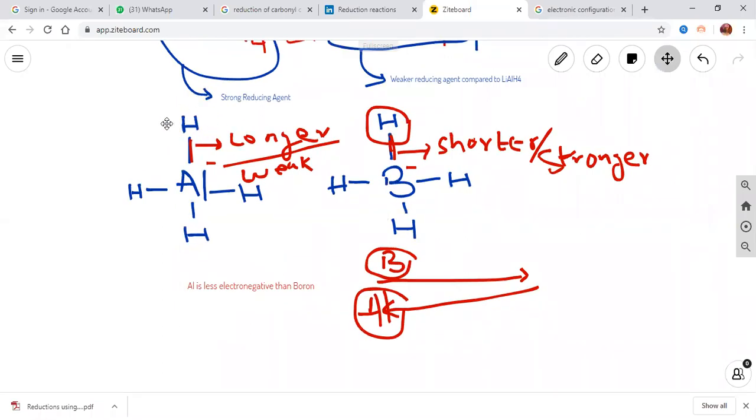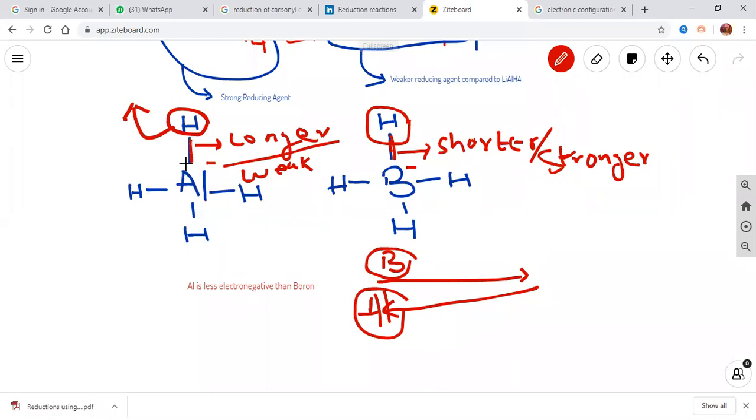This hydride ion, which is a strong base, can easily break away from this lithium aluminum hydride.